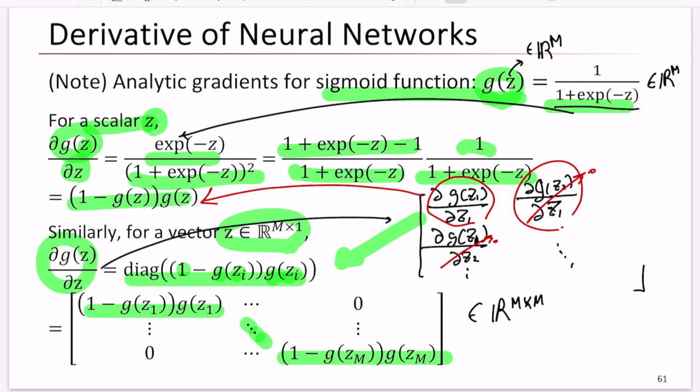This is just the local gradient for the sigmoid function. That's it, so it's done.